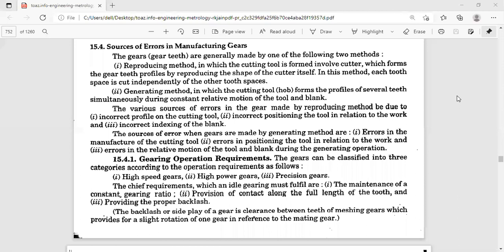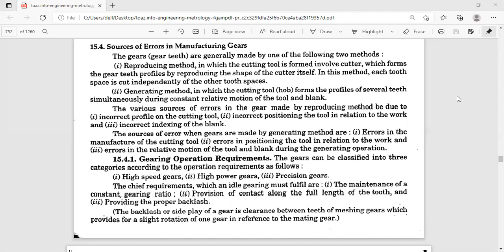And what are the errors generated by the reproducing method? We'll discuss now. The first error may be the error due to the manufacture of the cutting tool. So what is the cutting tool here? It is the involute cutter.